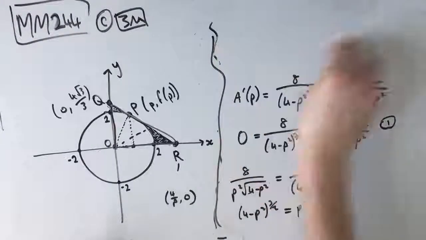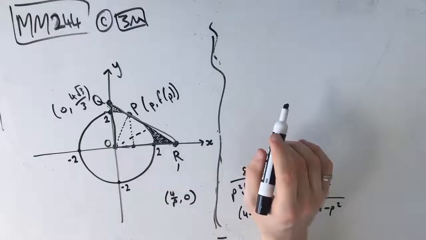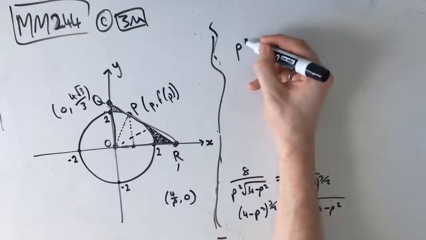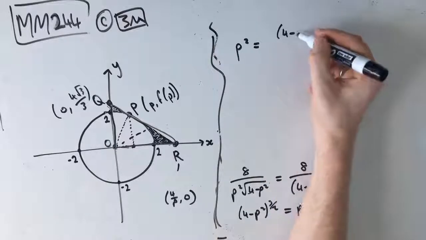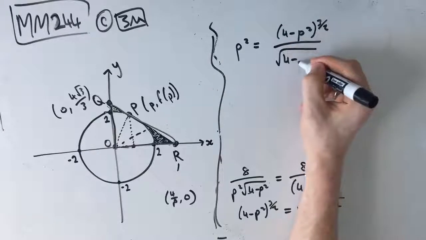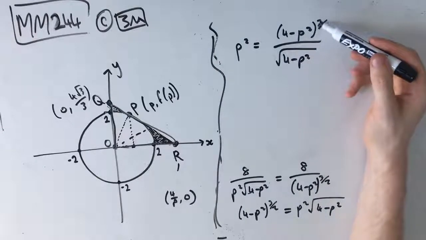Awesome. Now we can keep going with this, and what happens is we actually get p squared is equal to root 4 take p squared to the 3 on 2 over root 4 take p squared. So we're just dividing both sides by root 4 take p squared. Now this is 4 take p squared to the power of 3 on 2.